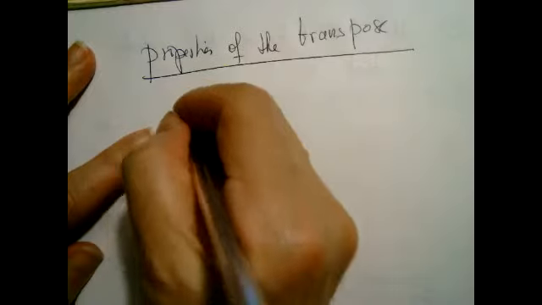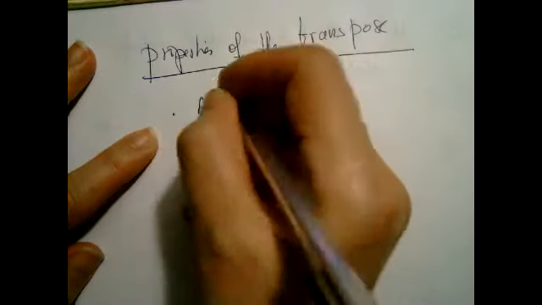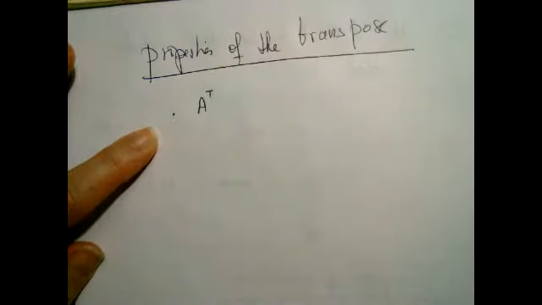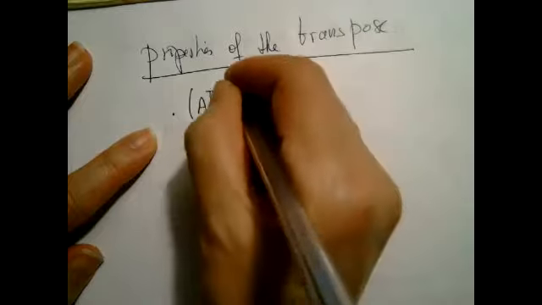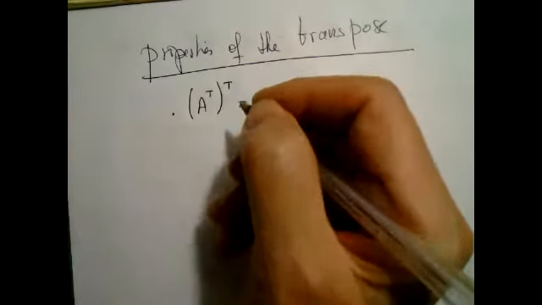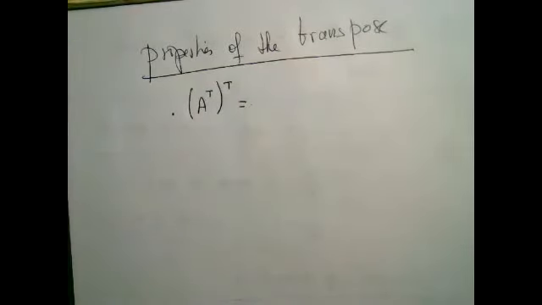The first property is, suppose I take a matrix and I transpose it, and then I get something and I transpose it back. All right, what do you think I'm going to get? Just build an example in your head and see what's going to happen. What do you think I'm going to get?